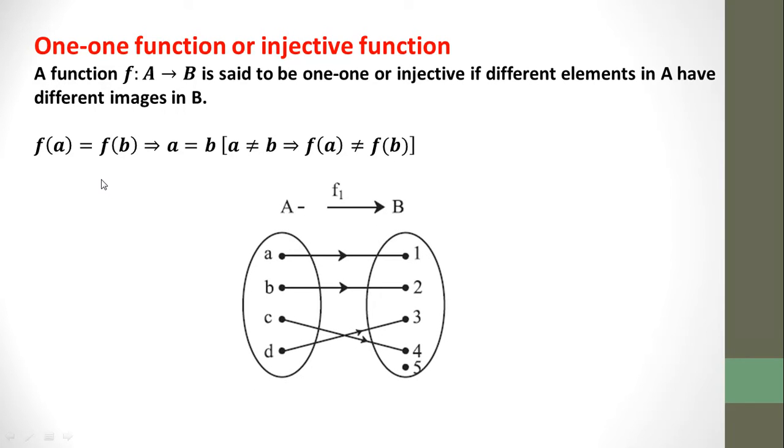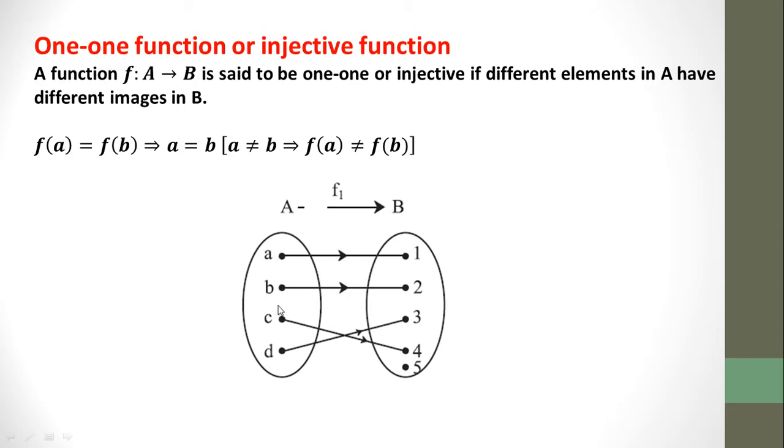See this Venn diagram. Set A contains 4 elements a, b, c, d, and suppose set B contains 1, 2, 3, 4, 5 elements. Then see here, every element of A is related with a unique and different element of B. a is related with 1, b is related with 2, c is related with 4, and d is related with 3.